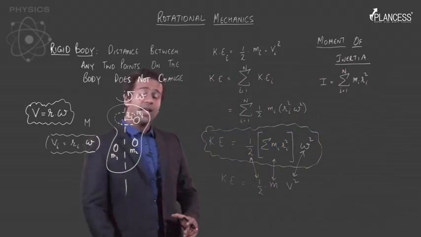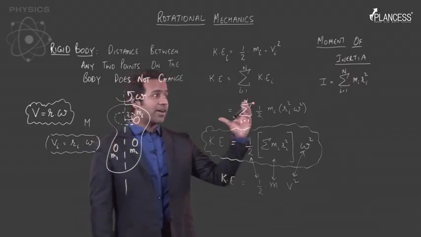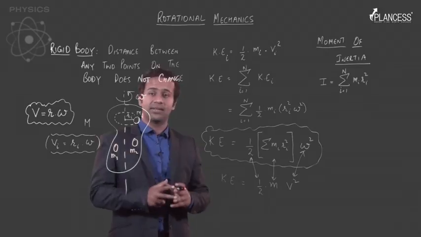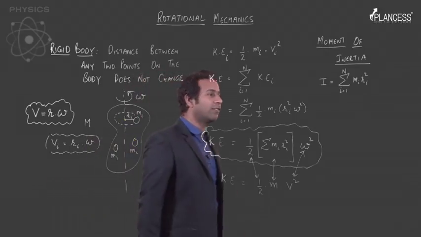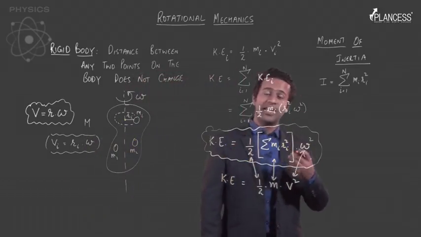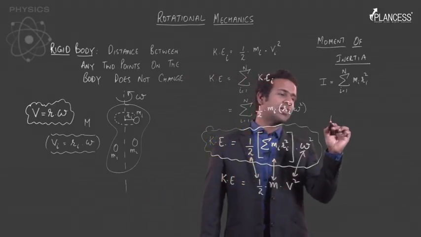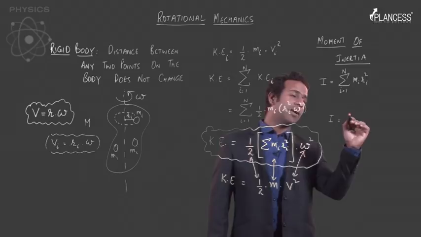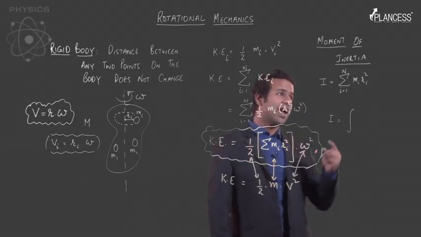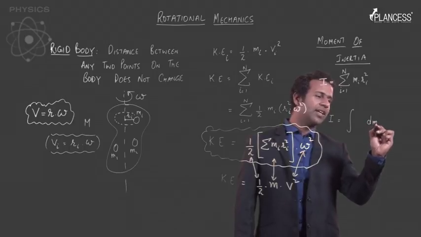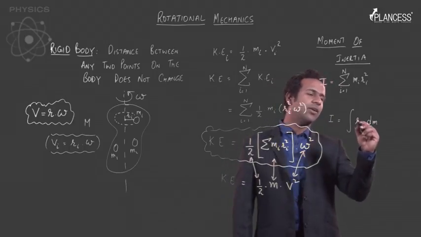Right? Let me stress this again. You can write this only if you're dealing with a collection of particles, right? You've done this enough to know that if we have differentially small masses, then the summation would become integration, and instead of mi, we would write dm, the differentially small mass, into r square.